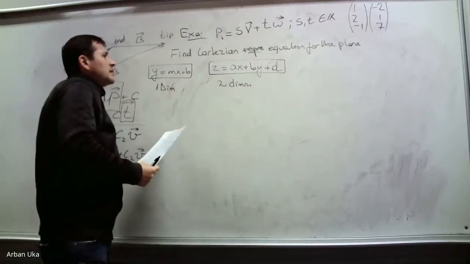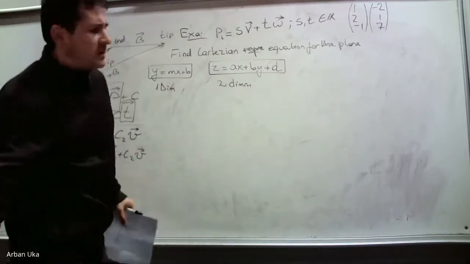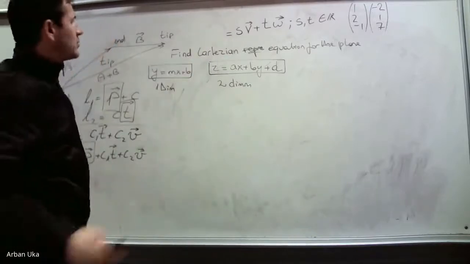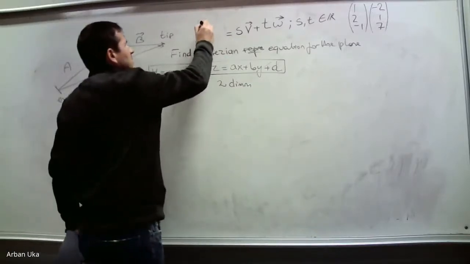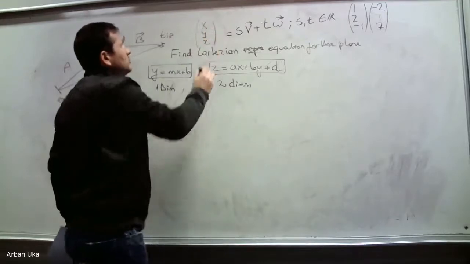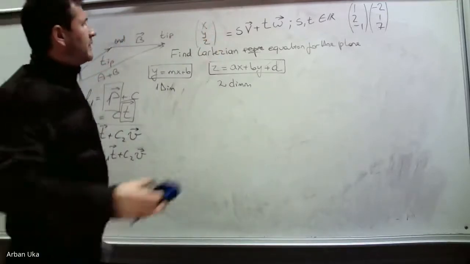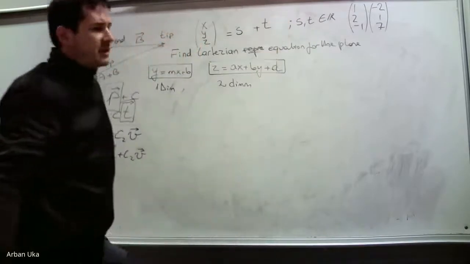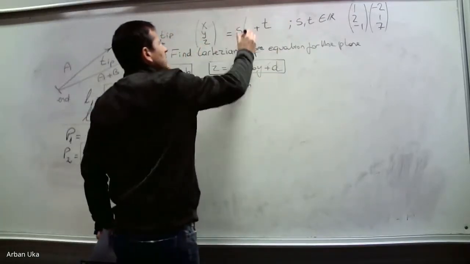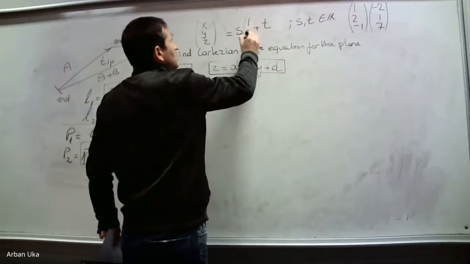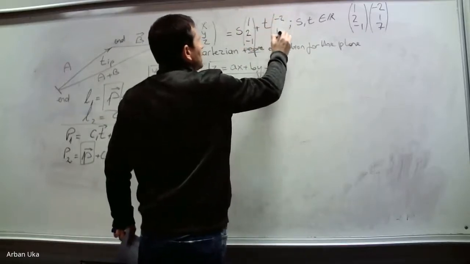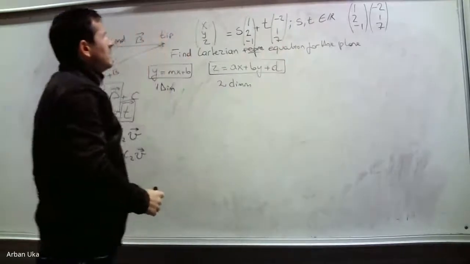So then, instead of this p, let's write x, y, z. So we know that this x, y, z will be equal to s times v plus t times w, and let's substitute them here. So we get s times (1, 2, minus 1), and for w, we get t times (minus 2, 1, 7).